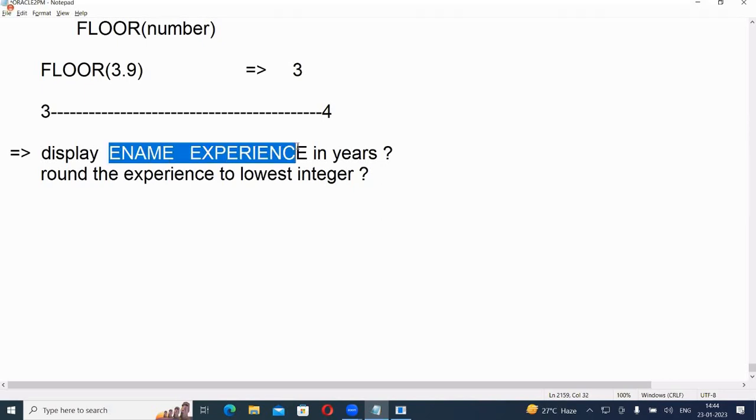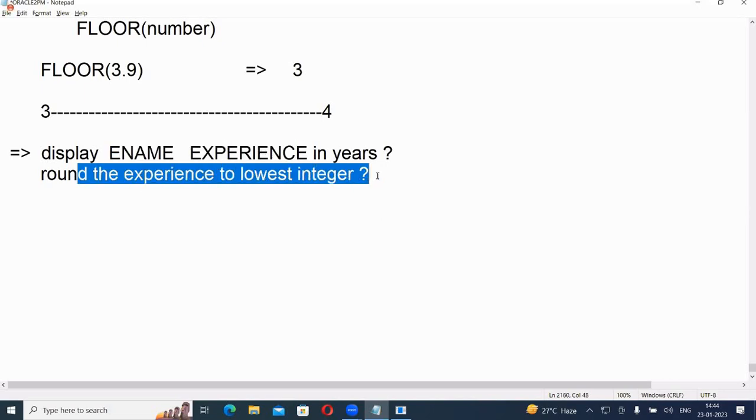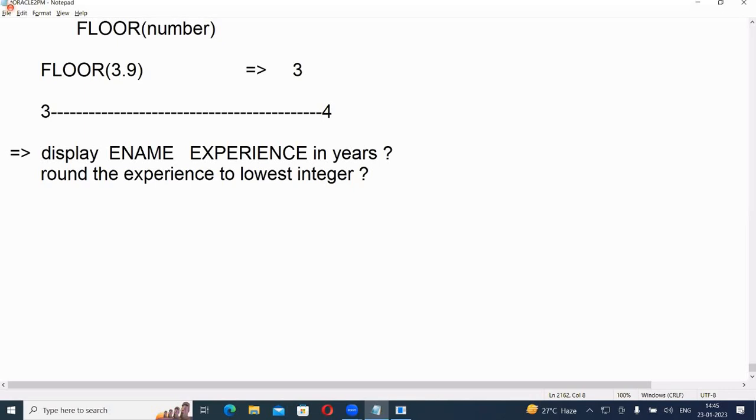Display the name and experience, but round the experience to an integer. Then select what? ename, comma, ename, comma what? Experience.